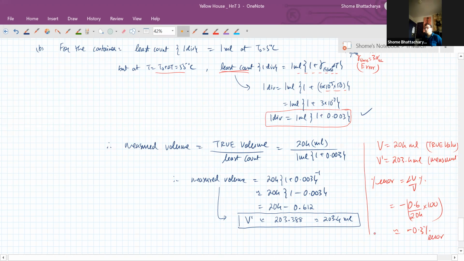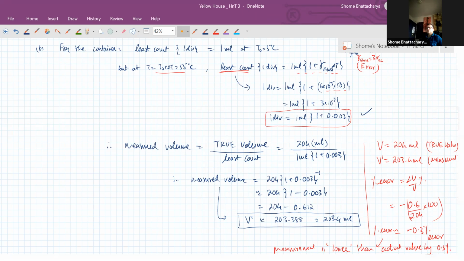The negative value of error means that the value measured is less than the true value. So this basically now means that the measurement is lower than the actual value by 0.3%.